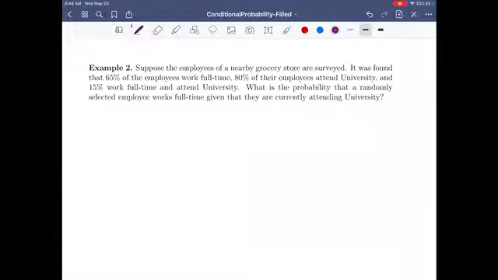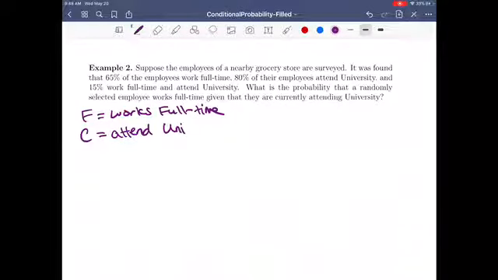Let's write down what they give us. Full-time I'm going to call F, so F is works full-time. I don't want to use U, so maybe I'll use C for college, they attend university or post-secondary. So 65% work full-time, so the probability of F is 0.65.